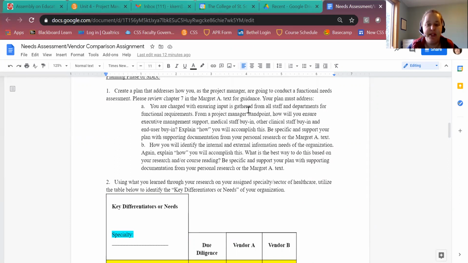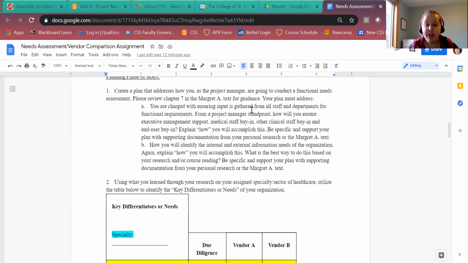Please read the chapter in the Margaret A textbook for guidance on what a functional needs assessment is. Essentially, you need to find out the needs of your end users and the different groups of stakeholders within the organization, and how you're going to ensure executive management support, medical staff buy-in, other clinical staff buy-in, and end user buy-in.